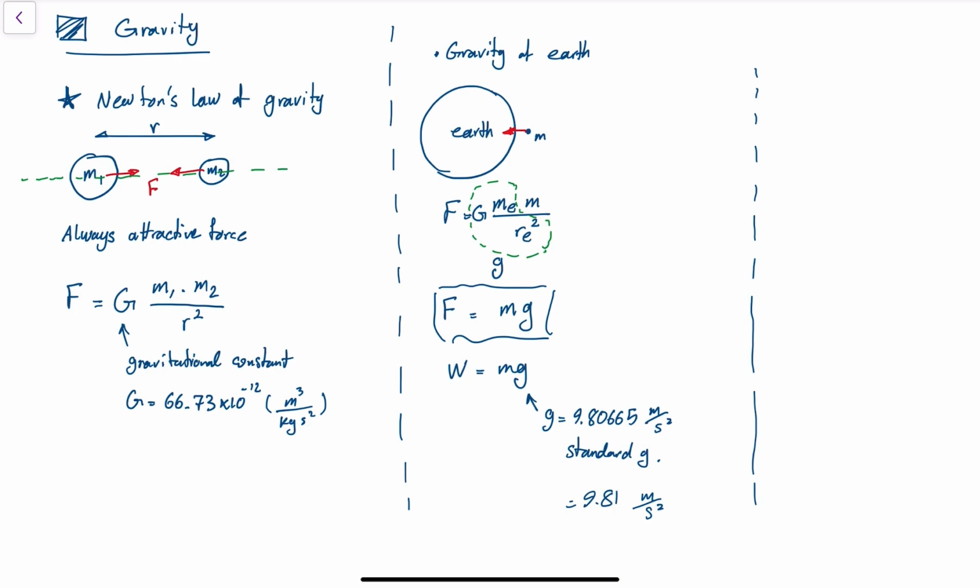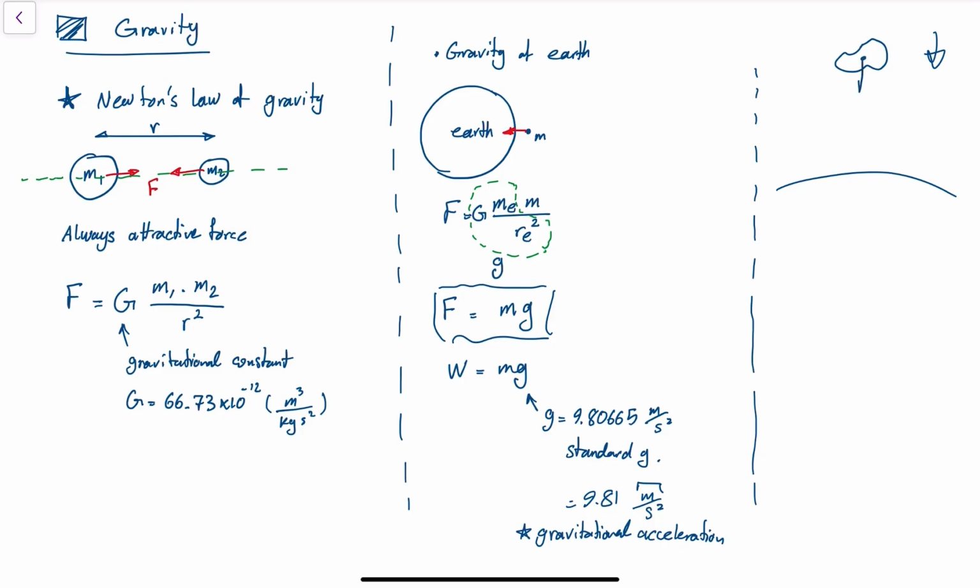Another thing I want to mention, this is also called gravitational acceleration. First hint is that it has a unit of acceleration. Also, if you note that if this is surface of the Earth, you have an object falling through gravity.